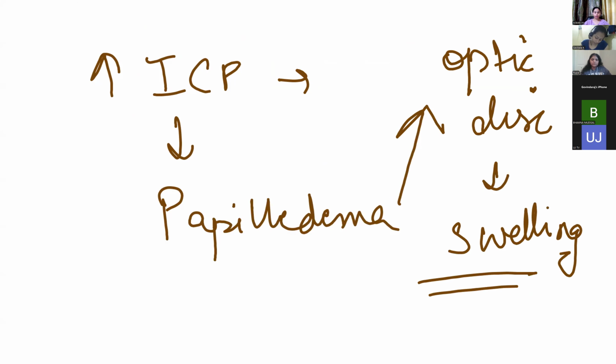Then nuchal rigidity means there is stiffness in the back of the neck. Then there are two main important signs in meningitis.